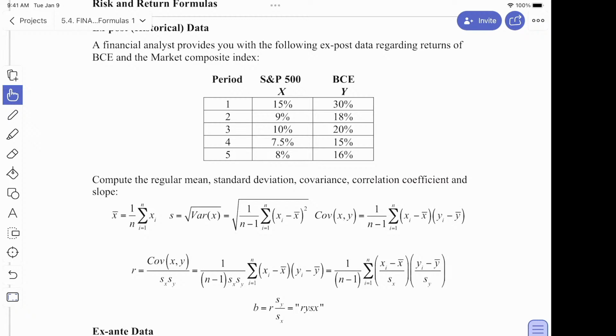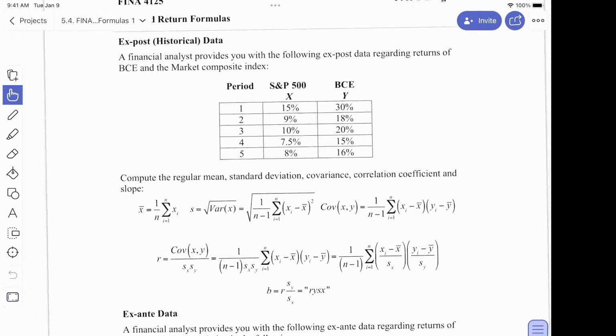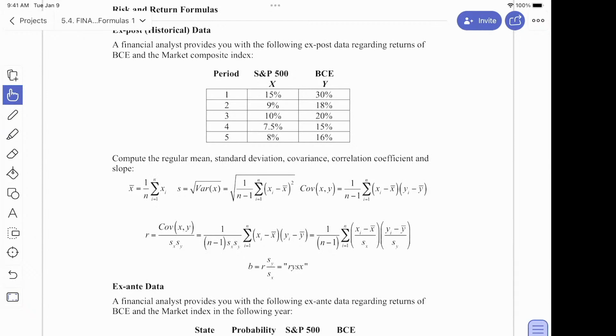Now, where it says compute the regular mean, you have the mean, which is the arithmetic average, the standard deviation. These should all look familiar. Covariance, everything should look familiar, right? And then R is the correlation, which is covariance divided by the two standard deviations. When you do that, you reduce the value to a range of -1 to 1, so it's easily interpreted.